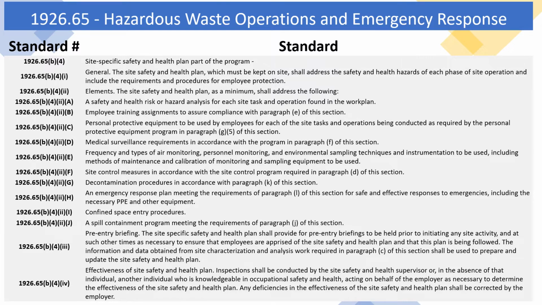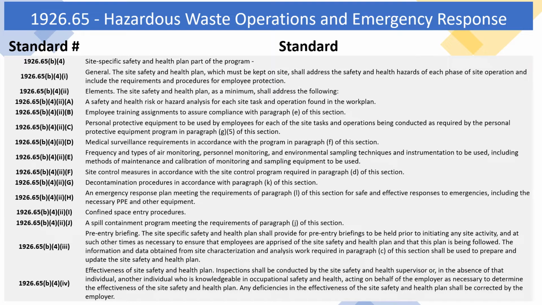The site-specific safety and health plan shall provide for pre-entry briefings to be held prior to initiating any site activity, and at such other times as necessary to ensure that employees are apprised of the site safety and health plan and that this plan is being followed. The information and data obtained from site characterization and analysis work required in paragraph (c) of this section shall be used to prepare and update the site safety and health plan.